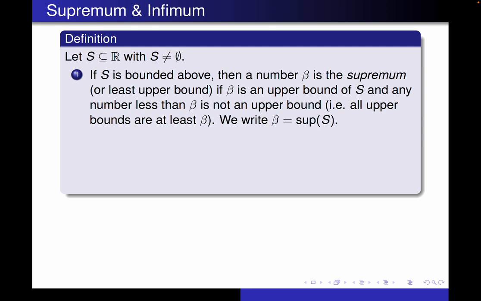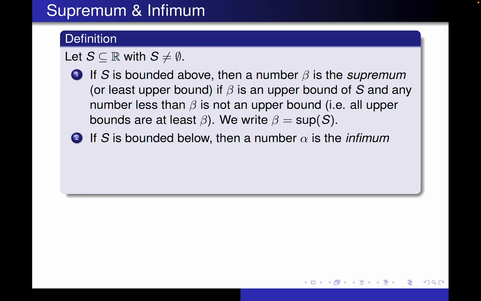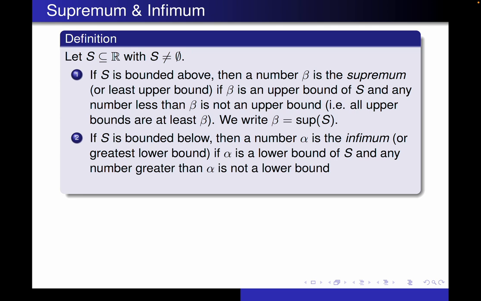And then we write that as beta equals the sup of S. If S is bounded below, then a number alpha is the infimum, also called the greatest lower bound, if two things happen: alpha is a lower bound of S, and any number greater than alpha is not a lower bound. In other words, all the lower bounds are alpha or below. So then we write that as alpha being the inf of S.